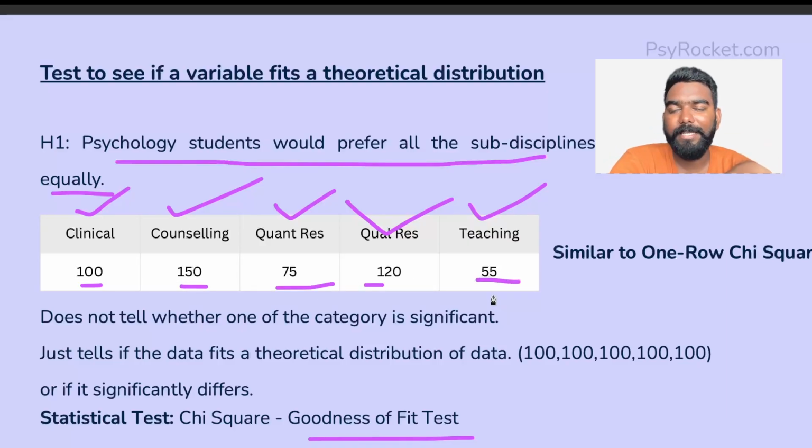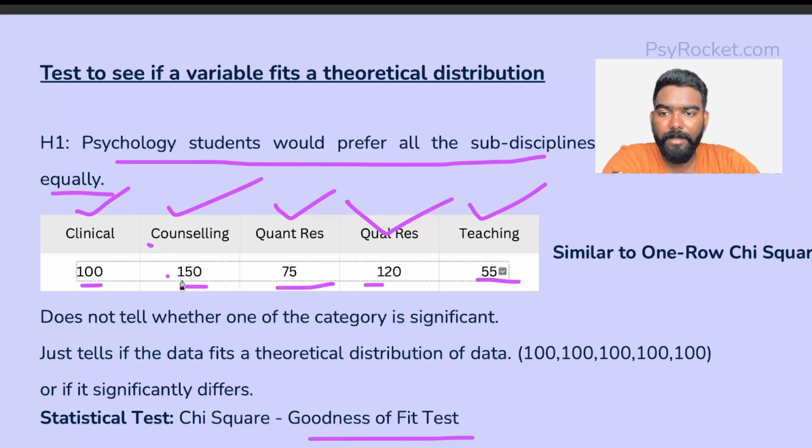Now you want to see whether this particular distribution fits the theoretical distribution or whether it departs significantly from it. That's it. Suppose the most preferred subdiscipline is counseling, with 150 people.